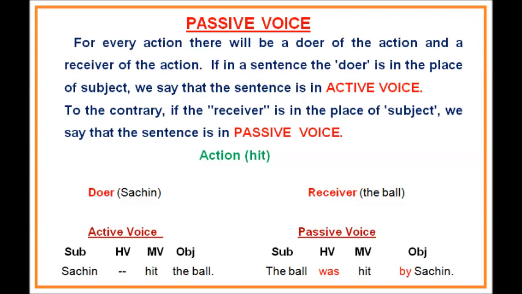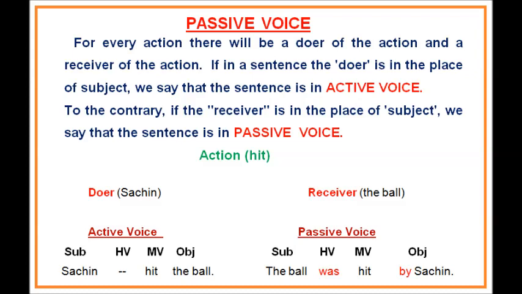See here, let's take an action, hit. The sentence is Sachin hit the ball. Here, who did the action? The action is hit. It is done by Sachin, that is, the doer is Sachin, and receiver of the action is the ball. Look at the left side of the screen in the bottom.